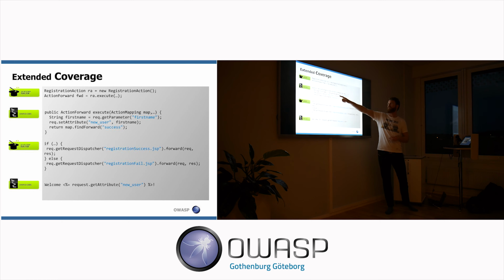This is where you get something from the request. And then you can see where it goes on in this one and this one. And then you can look into those files and see if there are any sinks, and if the tainted data gets used anywhere.